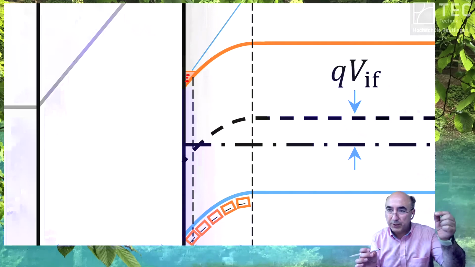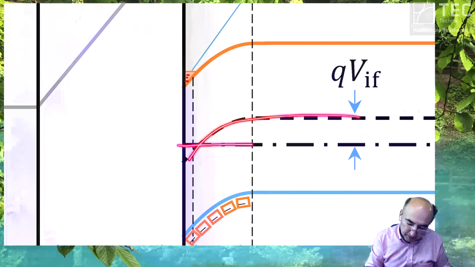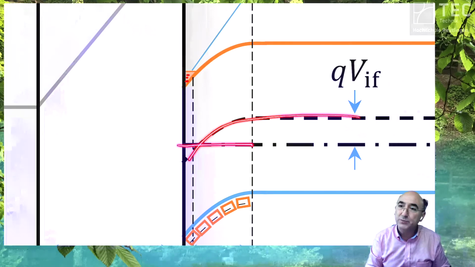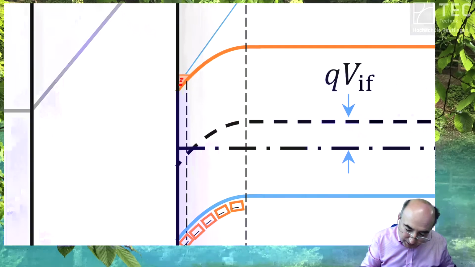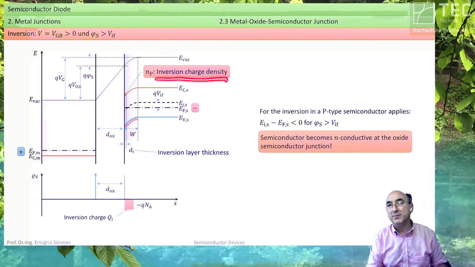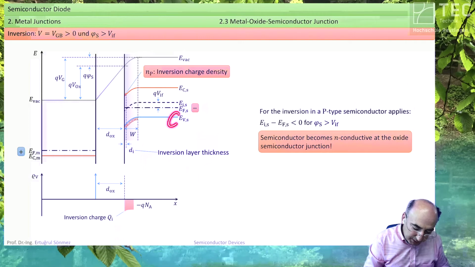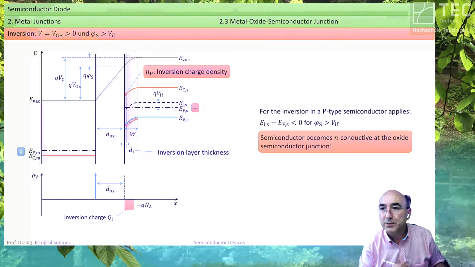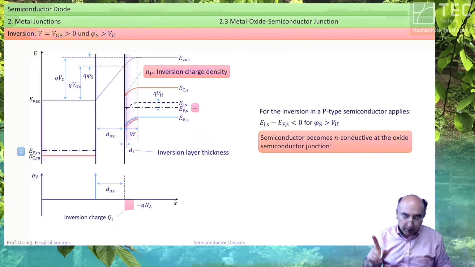The intrinsic level crosses the Fermi level, and the interface gets N-type. You start to have an inversion charge density. The inversion charge means you expect holes, you get electrons. Inversion. But just at the interface. Okay, point one we have.